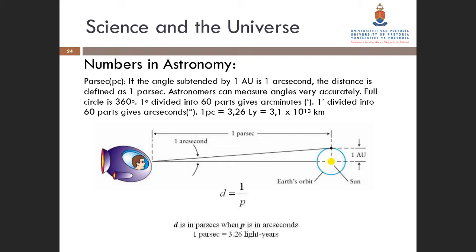So let me see if I can write on the slide to make it a little bit easier. So we are in a spaceship and we are far away from the Sun and Earth. So when we look back at Earth, at the Sun, this distance over here is 1 AU.